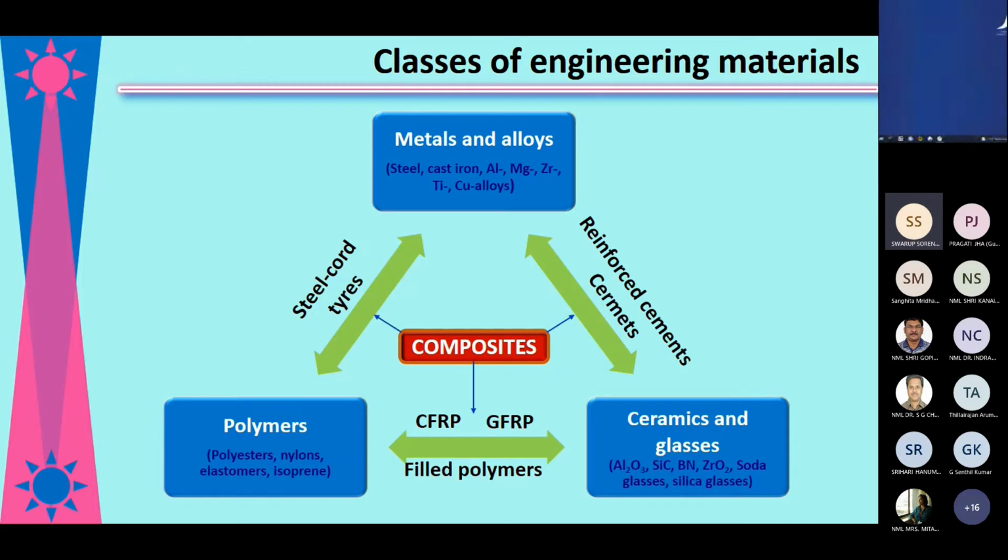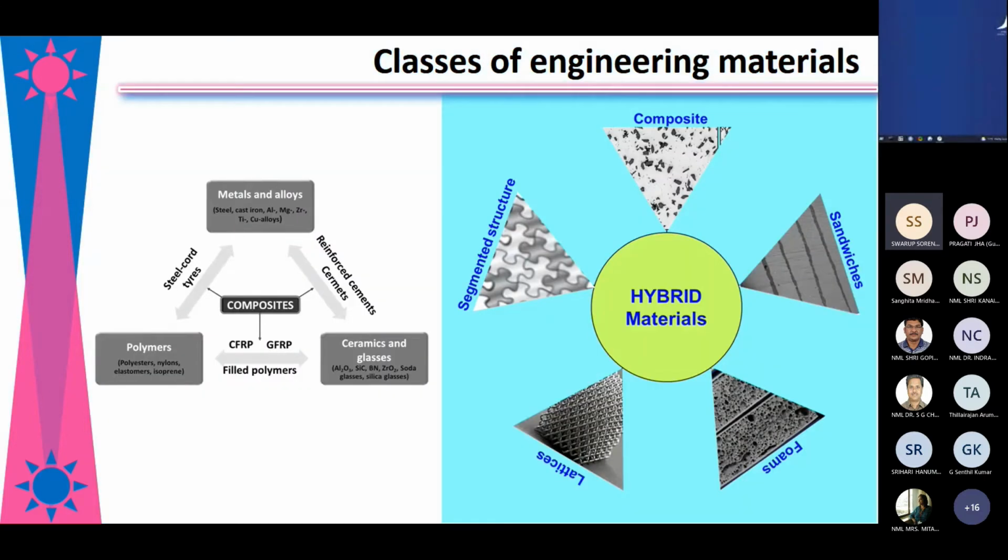So with this amount of materials available with us, we have the possibility of choosing different kinds of materials for different applications. Not only that, in addition to composites, we also have different kinds of new materials like metallic foams, lattices, segmented structures, sandwiches.